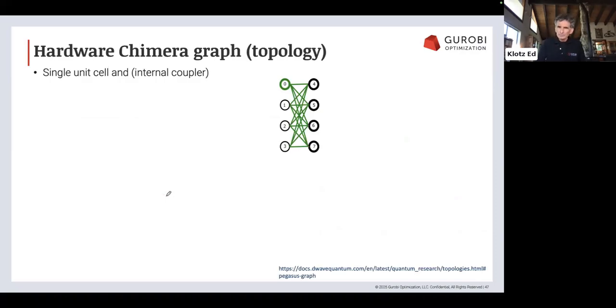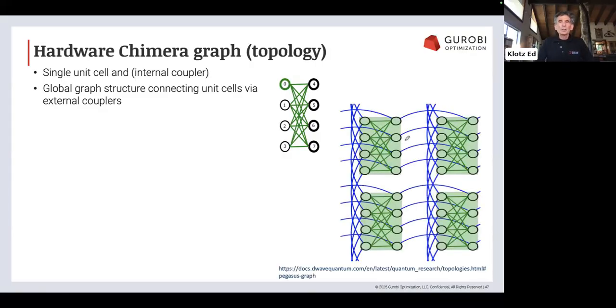All right, so I'm recasting the Chimera graph and these 4x4 complete bipartite graphs into an equivalent topology that I think is a little easier to handle. Here we see our unit cells and their internal connections, and then we see the intercell connections in blue that connect one unit cell to another in a limited way.